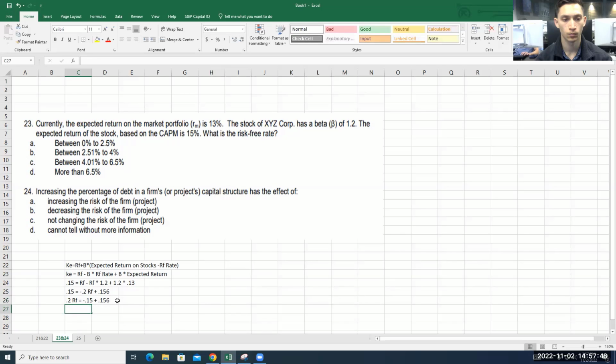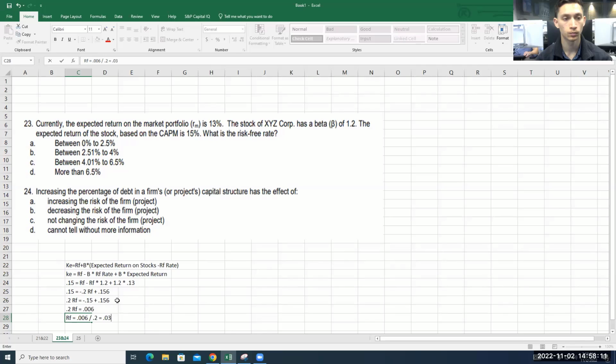So that gets us to 0.2 risk-free equals 0.006. So the risk-free is going to equal 0.006 divided by 0.2, and that's going to equal 0.03, so 3%.